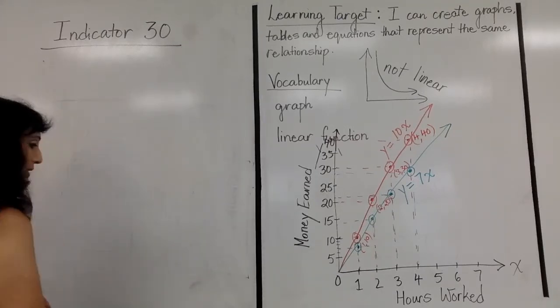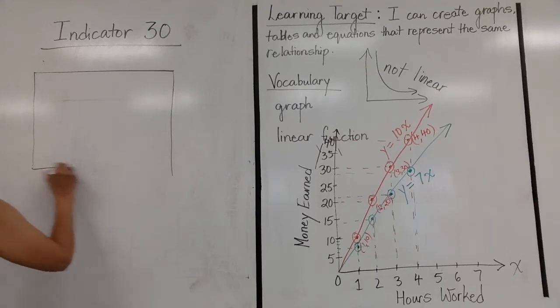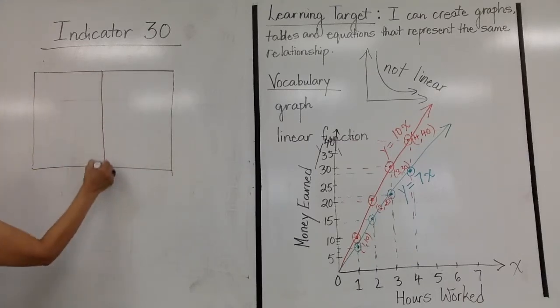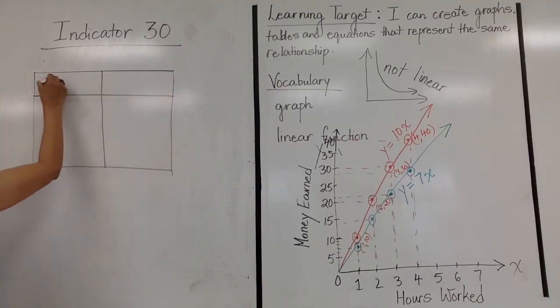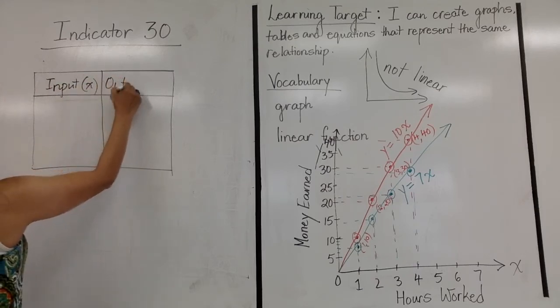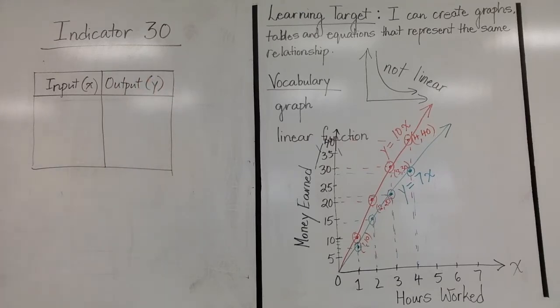If I give you a graph and the input-output table already, the points are provided to you. So you have this given to you, and you have your input, which is x, you have your output, which is y.